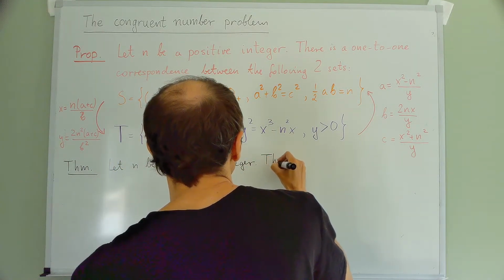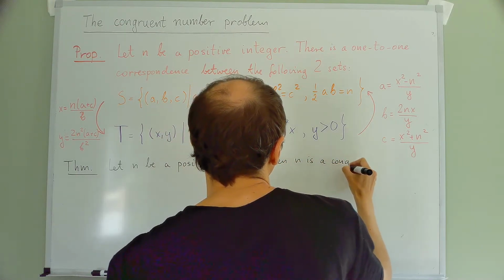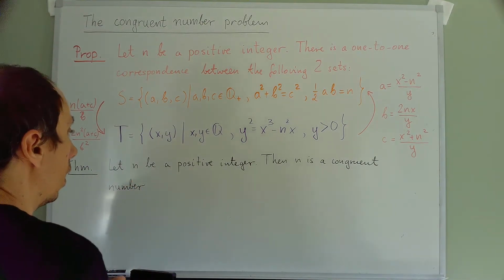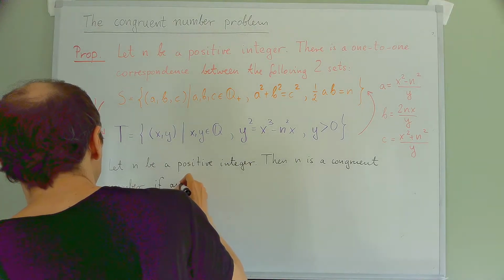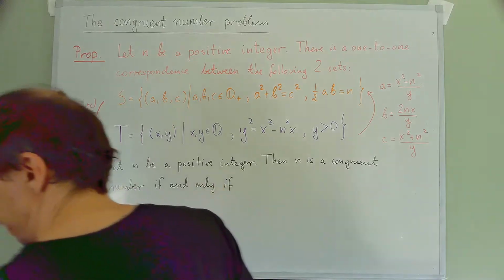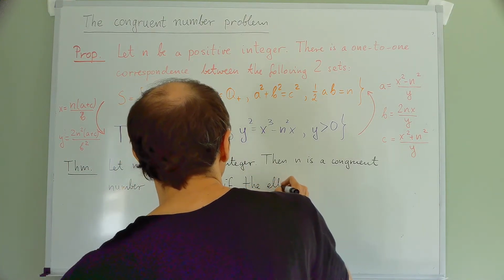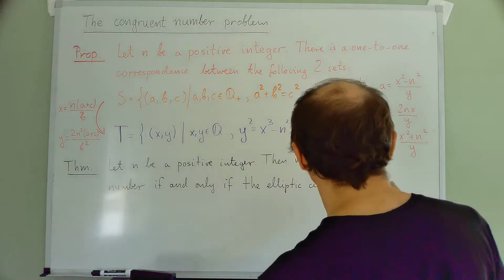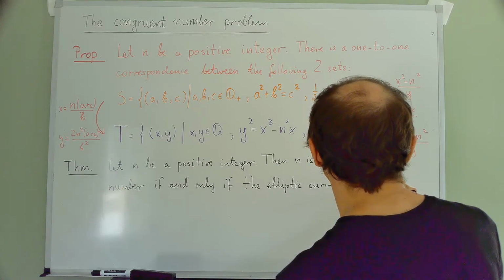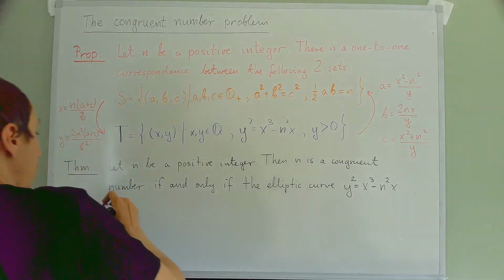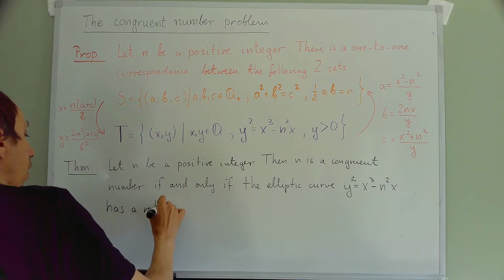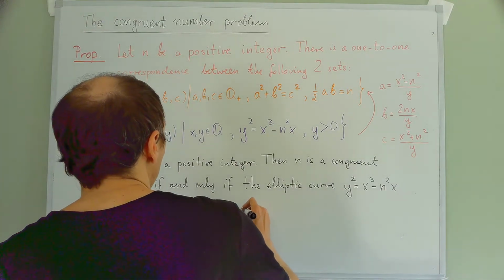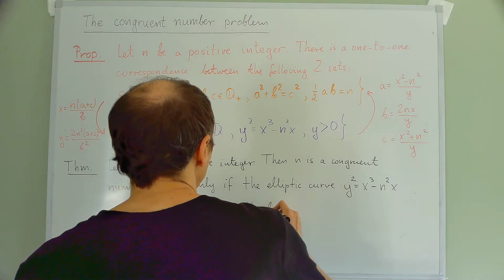Then n is a congruent number if and only if the elliptic curve y squared equals x cubed minus n squared x has a rational point with both positive coordinates.